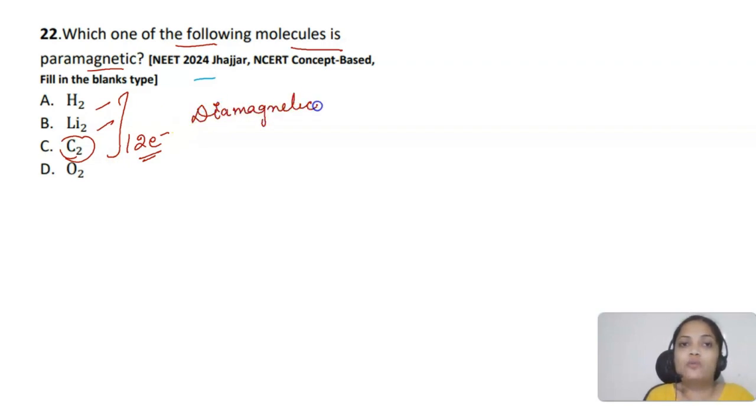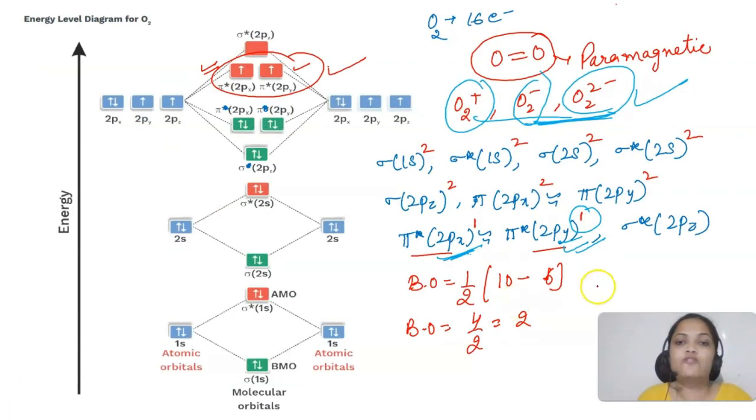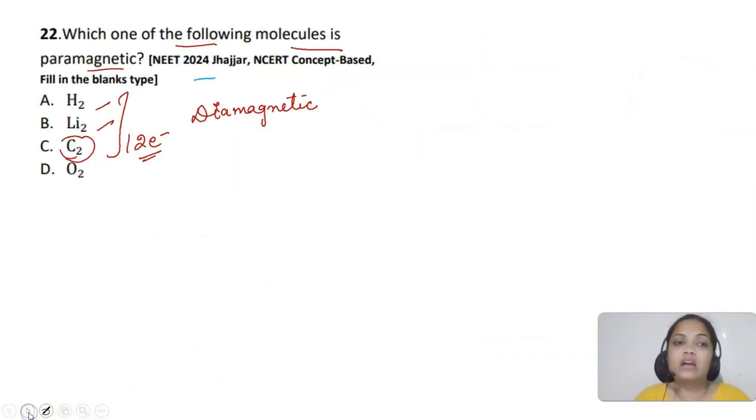But just now we have seen for oxygen, here you can see in the case of oxygen that there are two unpaired electrons. Okay, pi star 2px1 and pi star 2py1. So because of the presence of these unpaired electrons, the oxygen is paramagnetic. Now how can you answer this question?